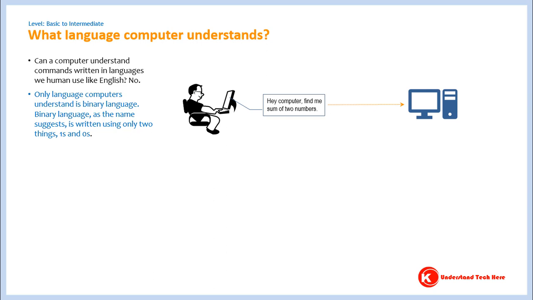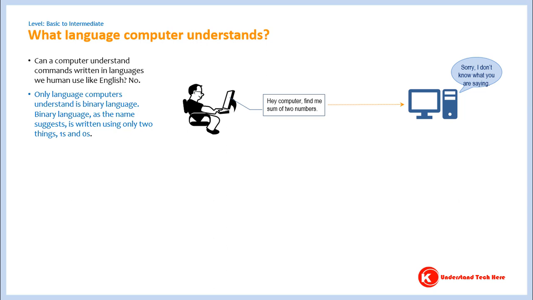But clearly, the computer won't be able to understand a command written this way. So it's important to understand that a computer does not understand commands written in languages we humans use, like English. So the question is then, in what kind of language, if we write commands, does the computer understand?